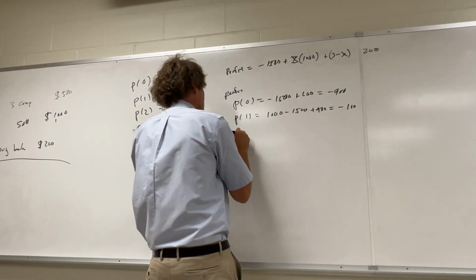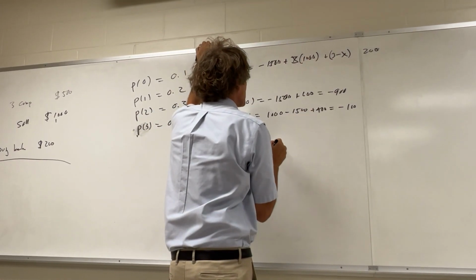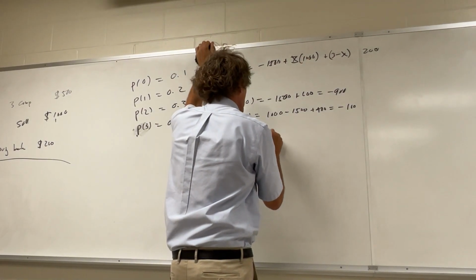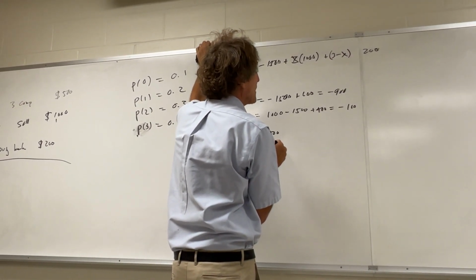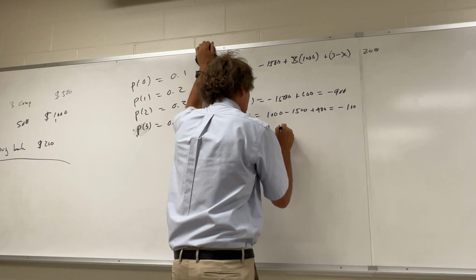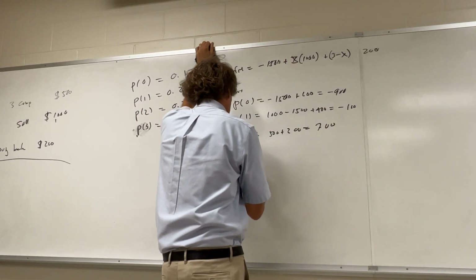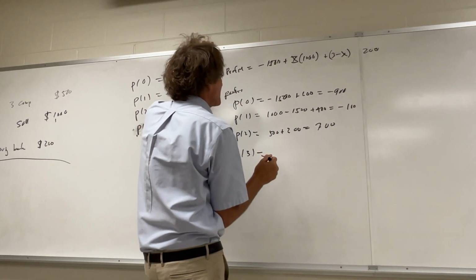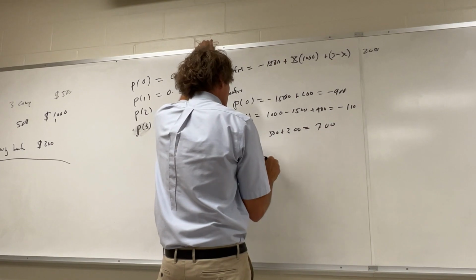The profit from selling 2: you got 2,000 minus 1,500 is 500, plus 200, or 700. And then the profit for selling all 3, meaning none returned, is equal to $1,500.